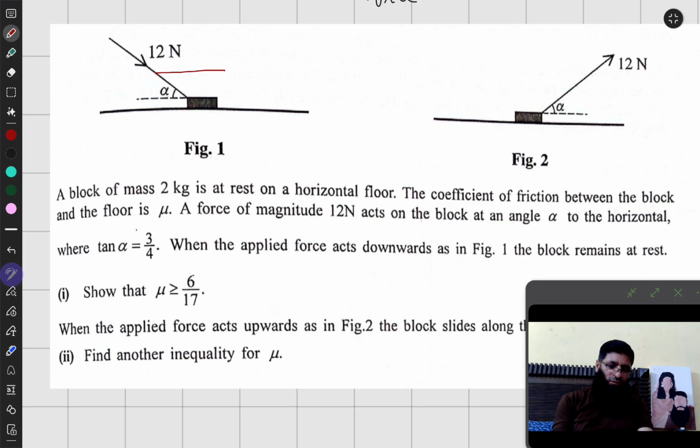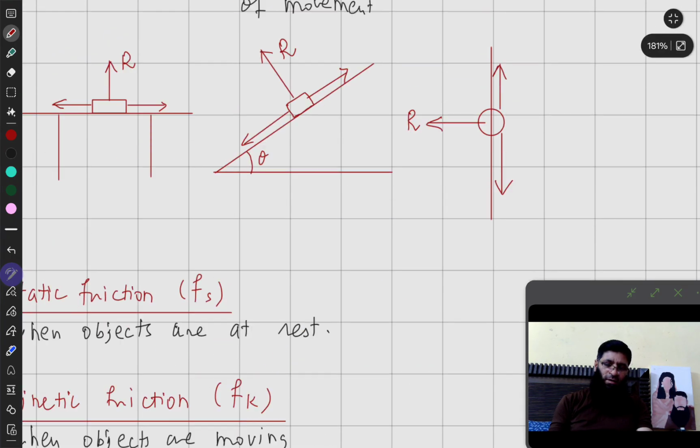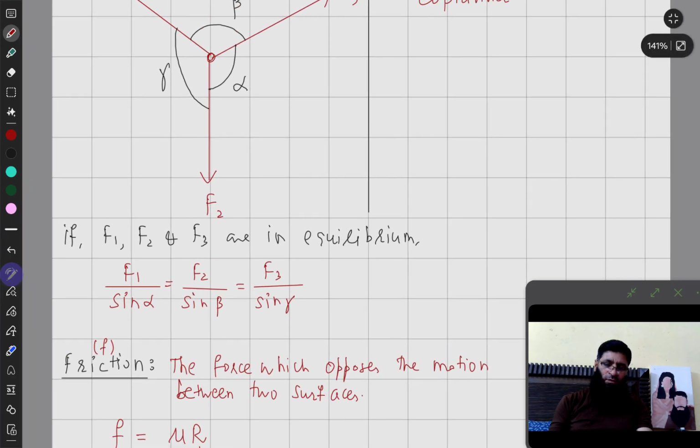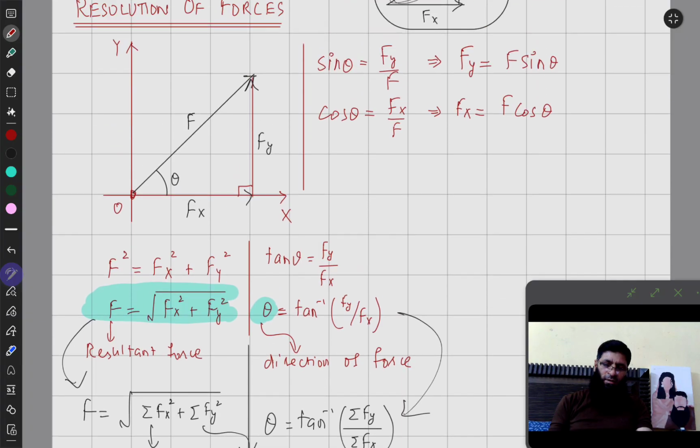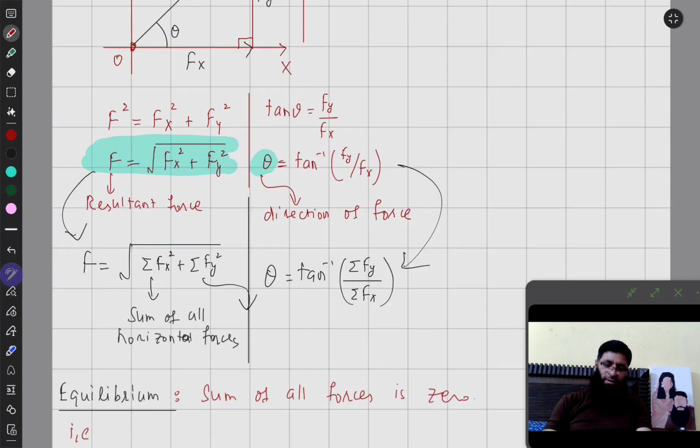This will be the horizontal component of this force, and as I told you in the previous part, the horizontal component is F cos theta and the vertical component will be F sin theta.